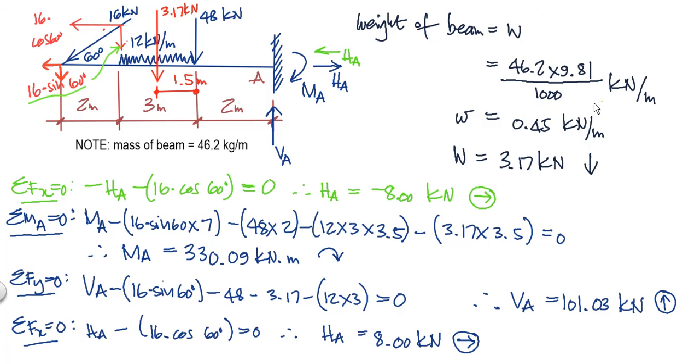I multiplied that by 7 to give us the total load. Remember, it weighs so much per meter. The beam was 7 meters long, so the total weight of the beam is actually 3.17 kilonewtons, and it acts at the center of the length of the beam. Okay, and then I took moments and summed vertical forces. Okay, people, that's all for now, and I will see you in the next lesson.